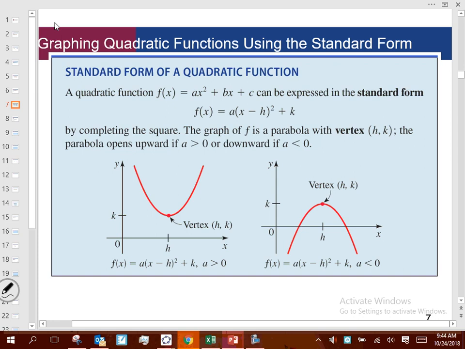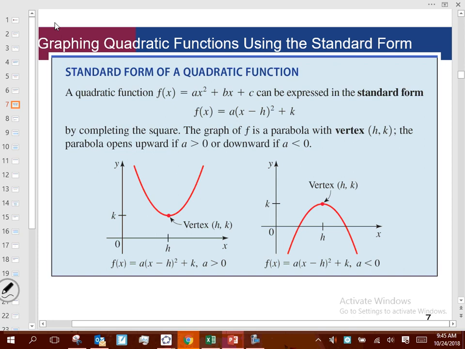Others are going to tell you, like this textbook does, and like WebAssign does, and like the author of OpenStax, the textbook Rose uses to govern the class, that it's this bottom one, f(x) = a(x − h)² + k, that is standard form. I prefer to call that one vertex form, because when you look at it, it tells you the vertex of your parabola.